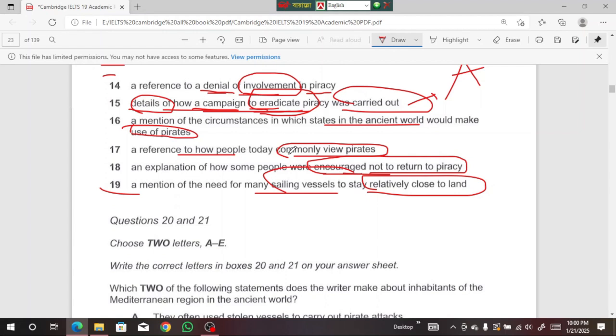How people today commonly view piracy: yes, we can say people think and imagine that. That means their mindset, their image of pirate deeds, like misfits, daredevils and adventurers. So we can say 17 is A, in the first line.